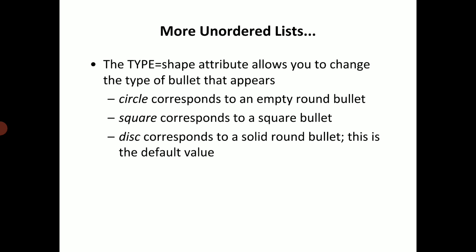And if I use square, that is type equal to square, which corresponds to the square bullet. And the third one is disc. Disc corresponds to the solid round bullet. This is the default value.